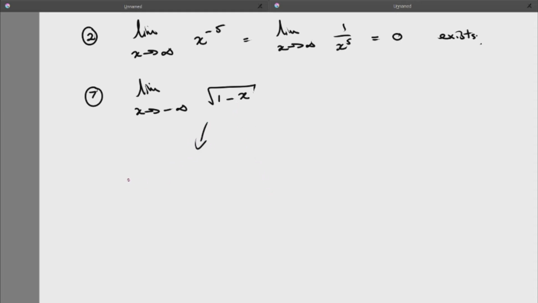This guy is going to be my square root function, transformed to, well, I'm not loving what it looks like, right? So let's rewrite this first, because I don't want to be caught out with a negative in front of the x.